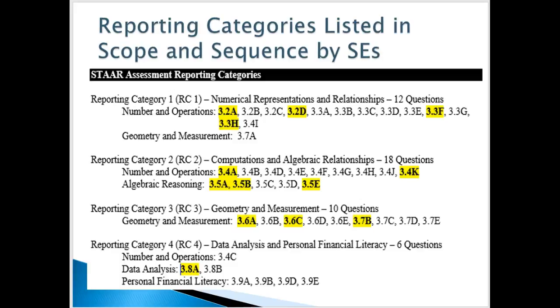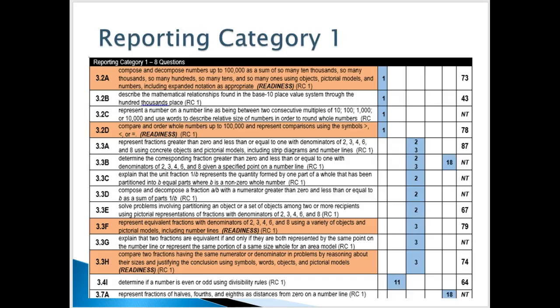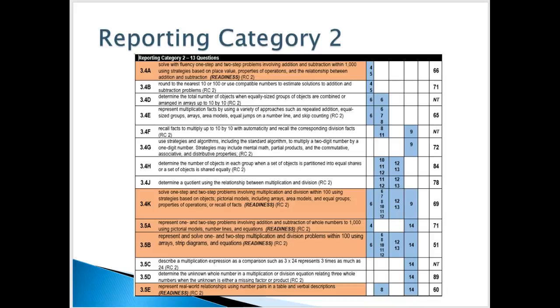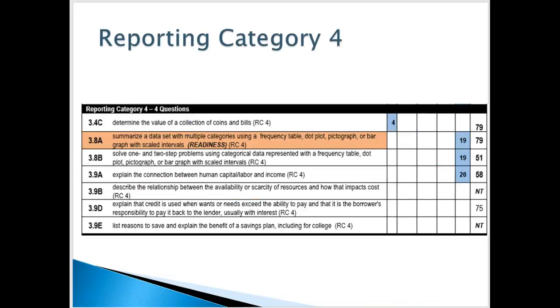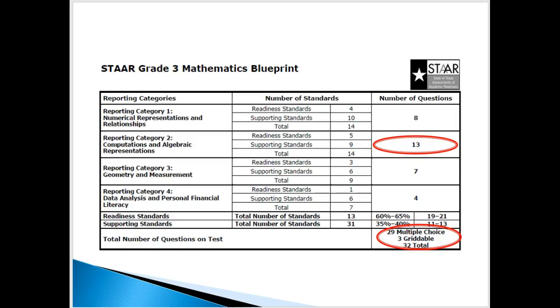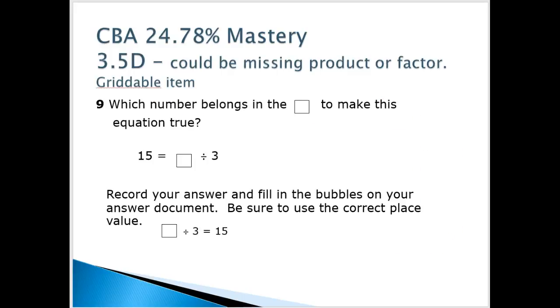The highlighted ones are the readiness standards. So we have the same text. These are reporting category 1, and these are our testing results. This is reporting category 2, 3, and 4. So please think about what you would like to test for or review for the STAR.